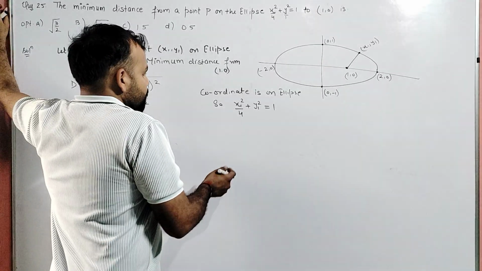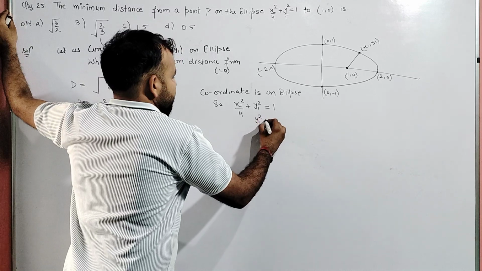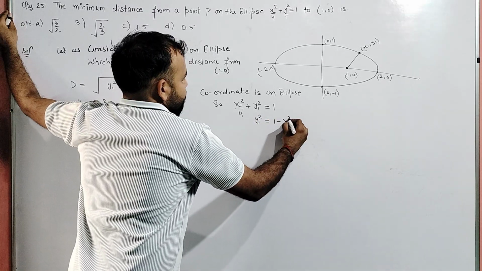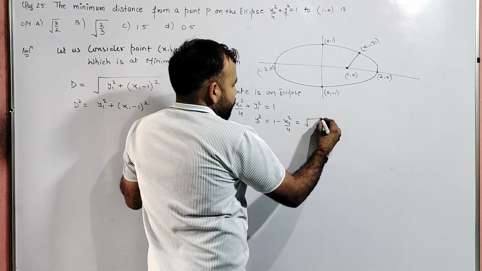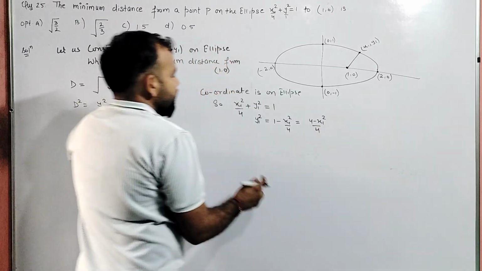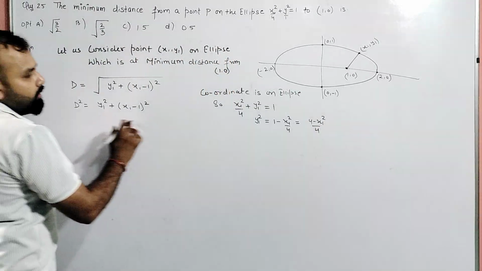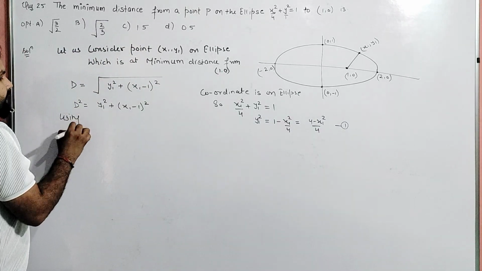So student, we are going to find the value of y1 square, that is 1 minus x1 square upon 4, that means 4 minus x1 square divided by 4. Replace the y1 square using equation first.